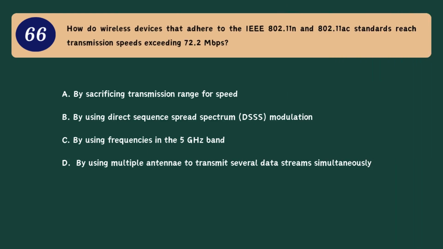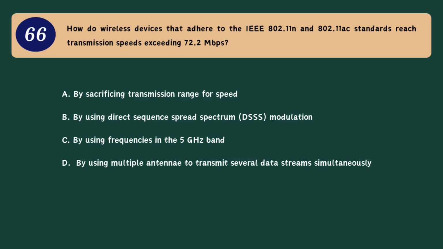Question 66. How do wireless devices that adhere to the IEEE 802.11n and 802.11ac standards reach transmission speeds exceeding 72.2 megabits per second? A. By sacrificing transmission range for speed. B. By using direct sequence spread spectrum modulation.